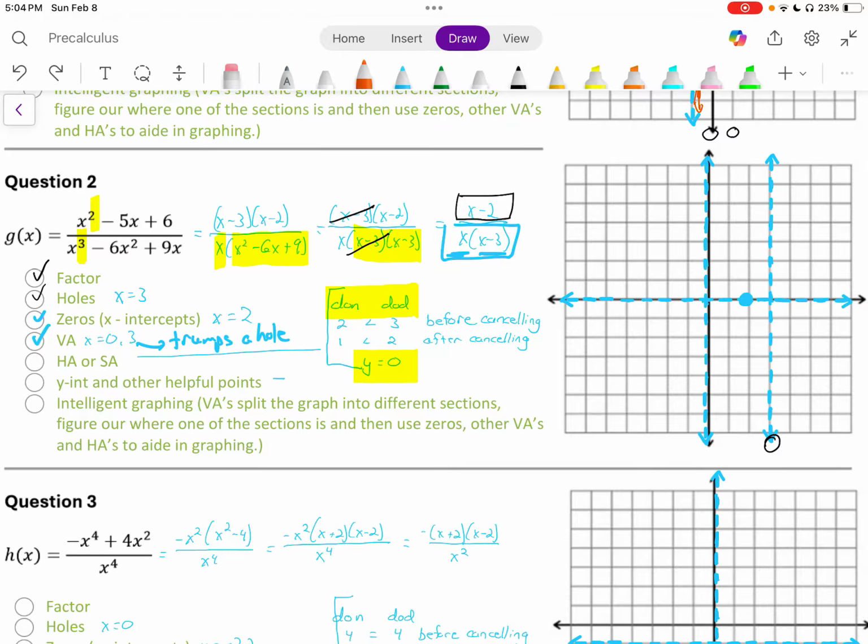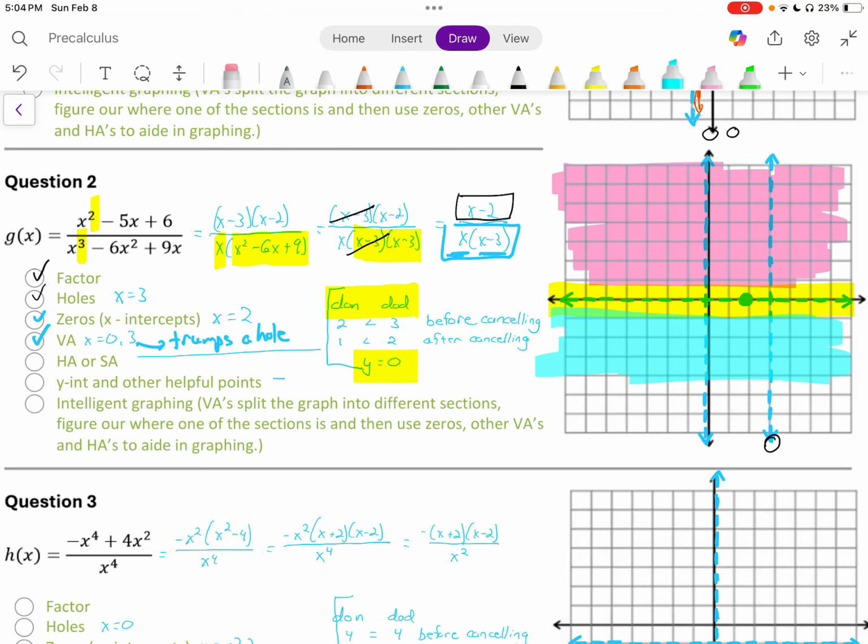So one thing we can do, which we haven't done much, is, especially since we have our horizontal asymptote at 0, I'm just going to show something here. In this pink section, things above the x-axis, our function would be positive or above 0, and things below the x-axis would be negative.